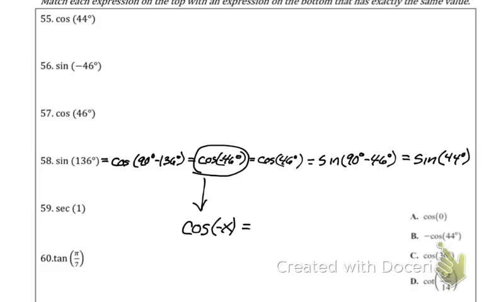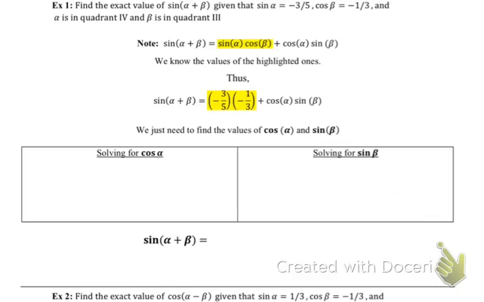The only way it would be E is if I could rewrite this as negative cosine of x. Does that make sense? Because this has to be cosine of x. The negative can't get pulled out. That's why it's on there, to make you think it's that. They're little scoundrels.